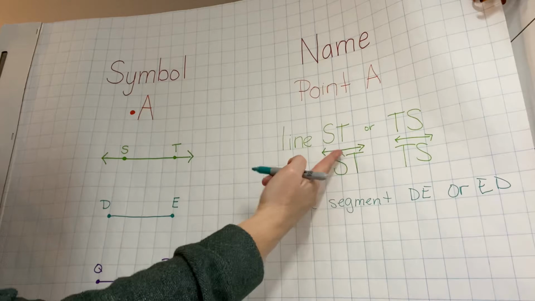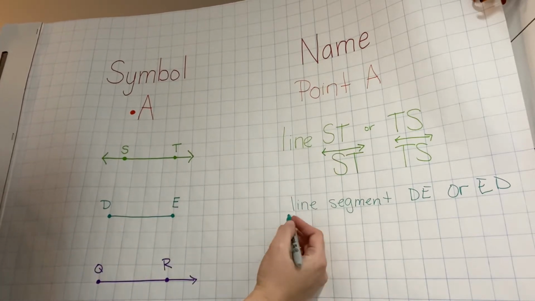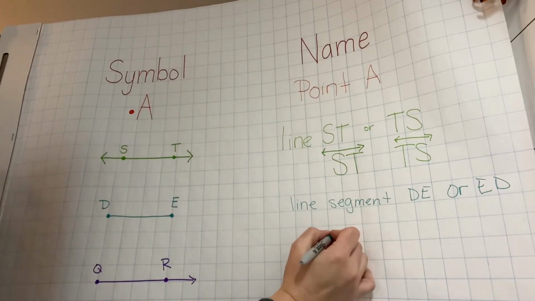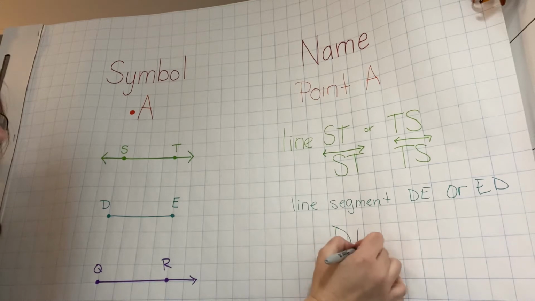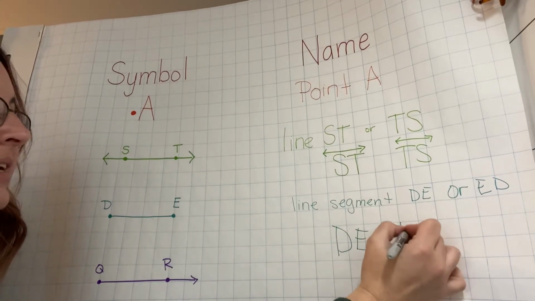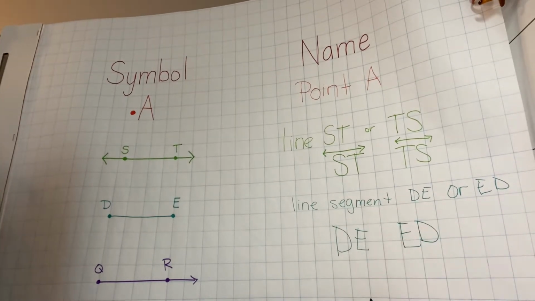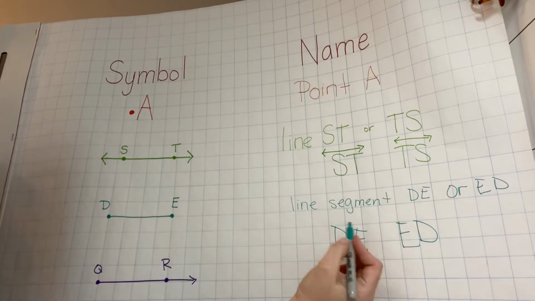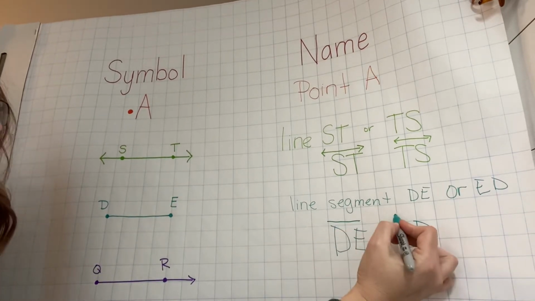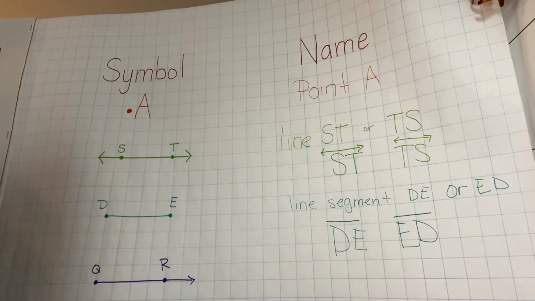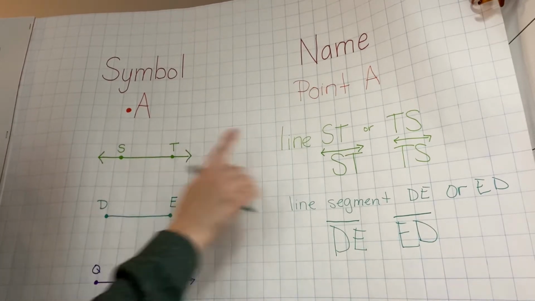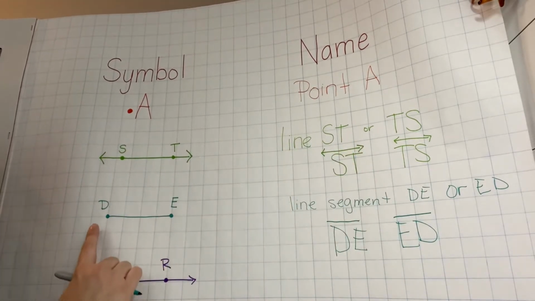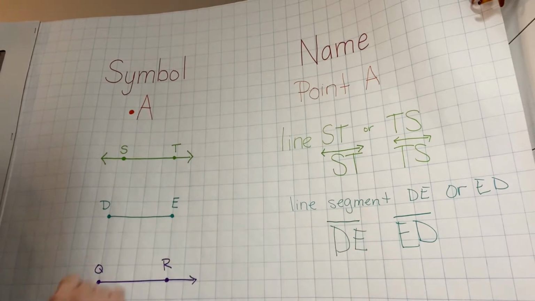Or just like the line, we have a shorthand version because that gets kind of long to write. You can write DE or ED. And for the top of this, since there are no arrows here, you're going to draw a line over here with no arrows. Okay, so notice again, 2 arrows, 2 arrows, no arrows, no arrows.